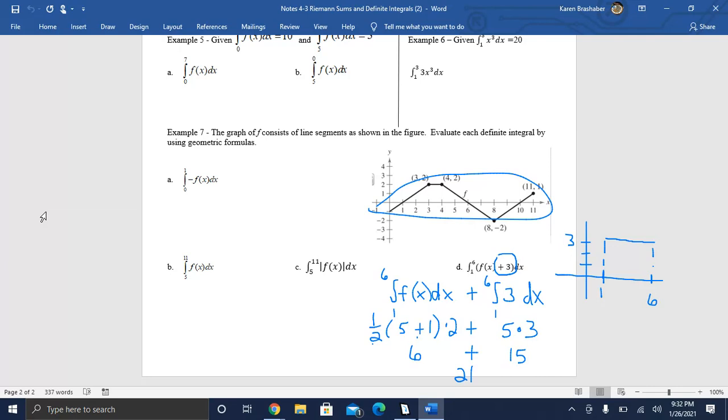So as you're considering questions like that, if you have a number added to the end, remember that that lifts the graph up, or if it's negative, it moves the graph down. So those are some transformations that you'll be looking at as you do this assignment. Good luck on your assignment with Riemann sums, and continue to ask questions when you have them.